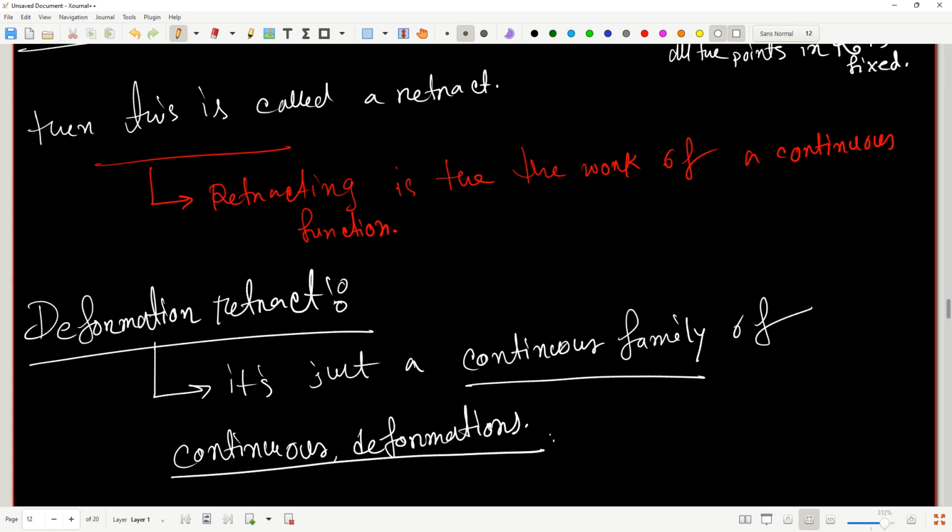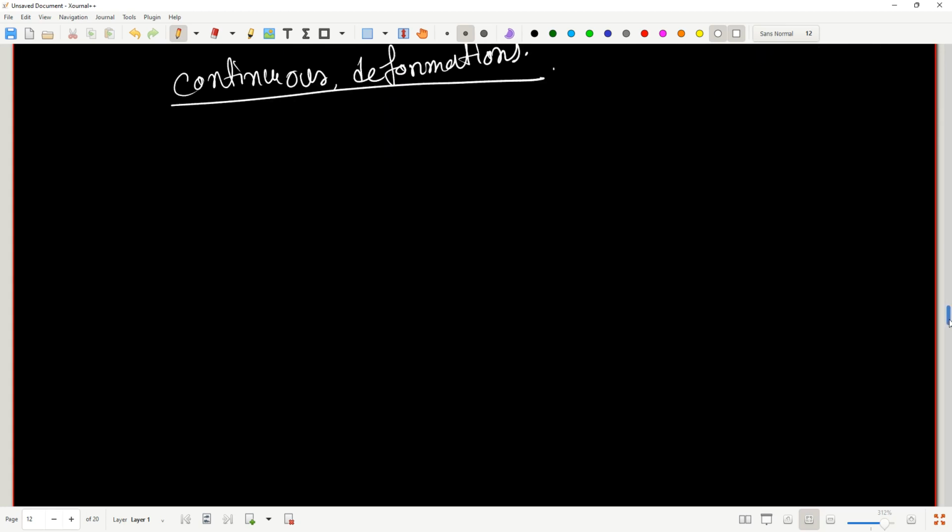So if I have to give you the mathematical definition, it would look like this.